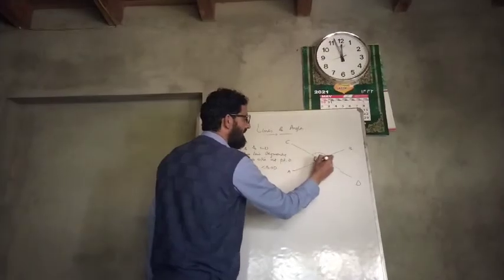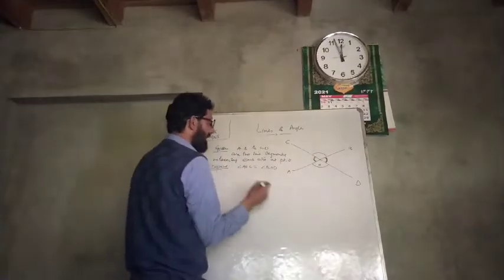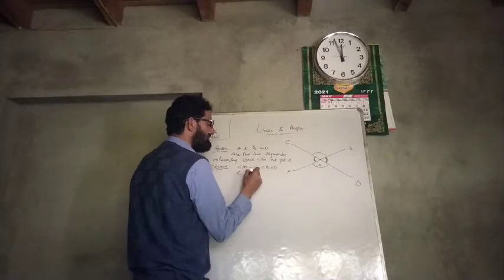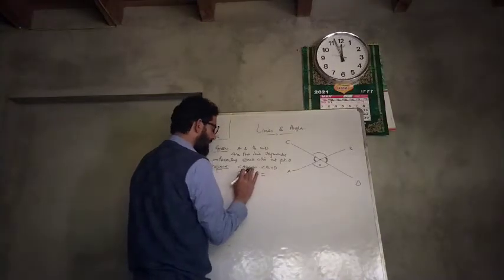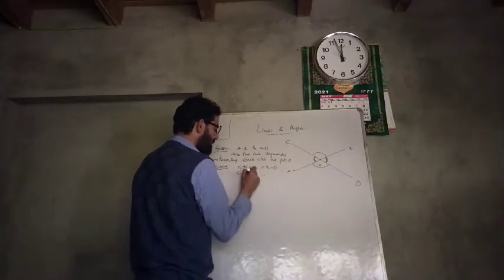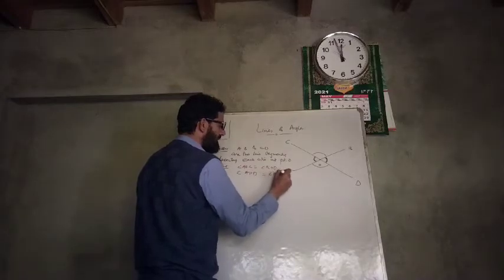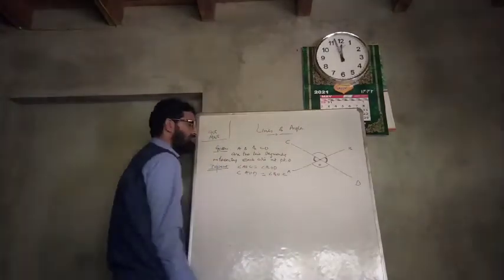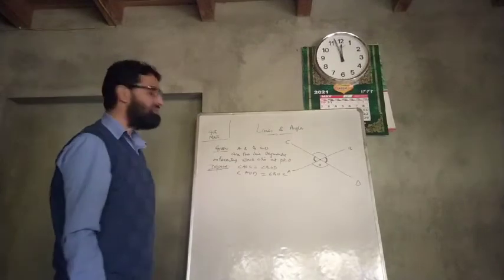This angle is equivalent to this angle. This is to be proved. Or angle BOC is equal to angle AOD. These are again vertically opposite angles. This we have to prove.